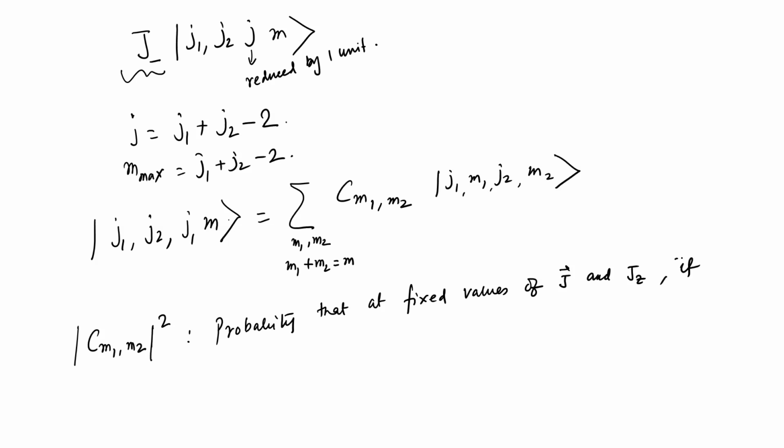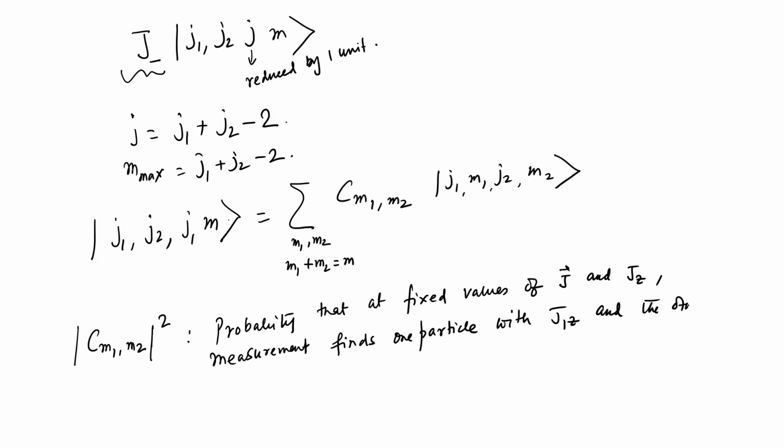So, if a measurement is done, the measurement finds a particle, maybe an electron, with j1z, this z component of the angular momentum, and the other one with j2z.